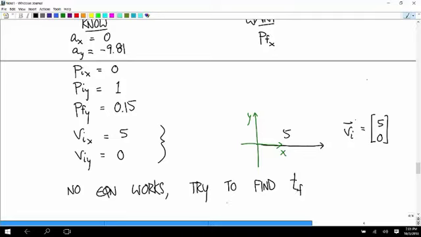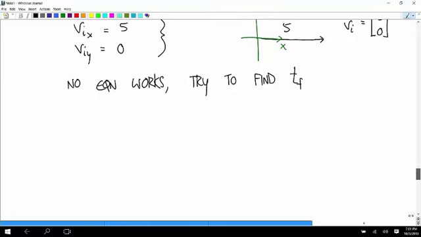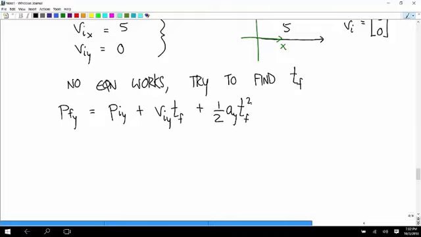Is there an equation that has time final and everything else in it is listed as known? I think the answer is this one. PFY is equal to PIY plus VIY times TF plus 1/2 AY TF squared.